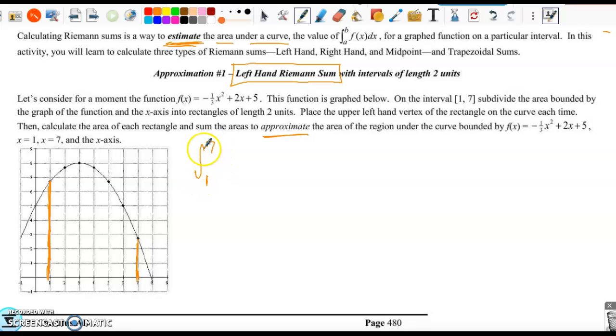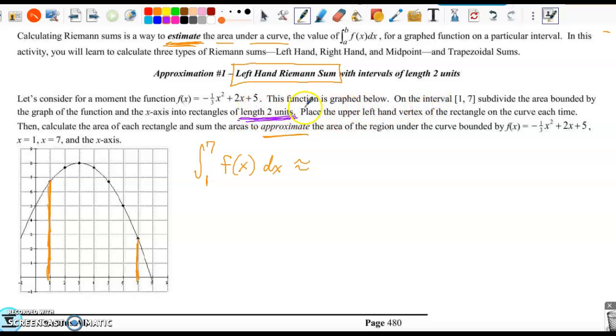I know this is the antiderivative sign that you've seen. Get used to me writing it that way. And we're using this function. As you reread the problem, we want the left Riemann sum with a width of 2 units.